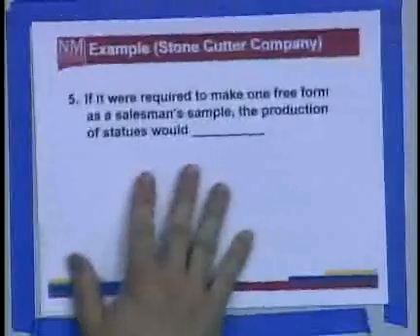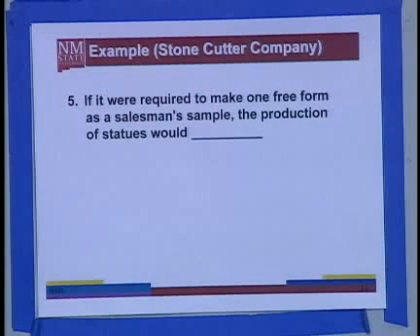Okay, what about number 5? If it were required to make one freeform as a salesman's sample, what will be the effect on the production of statues?